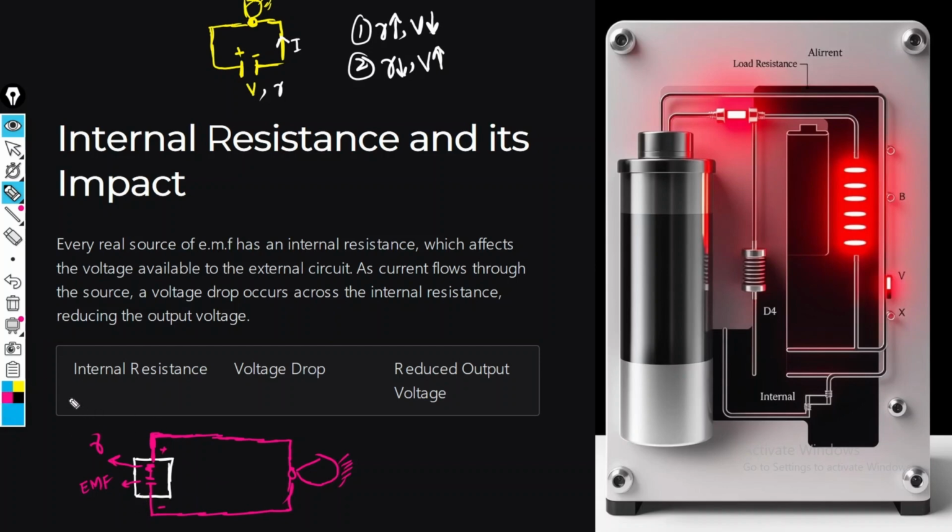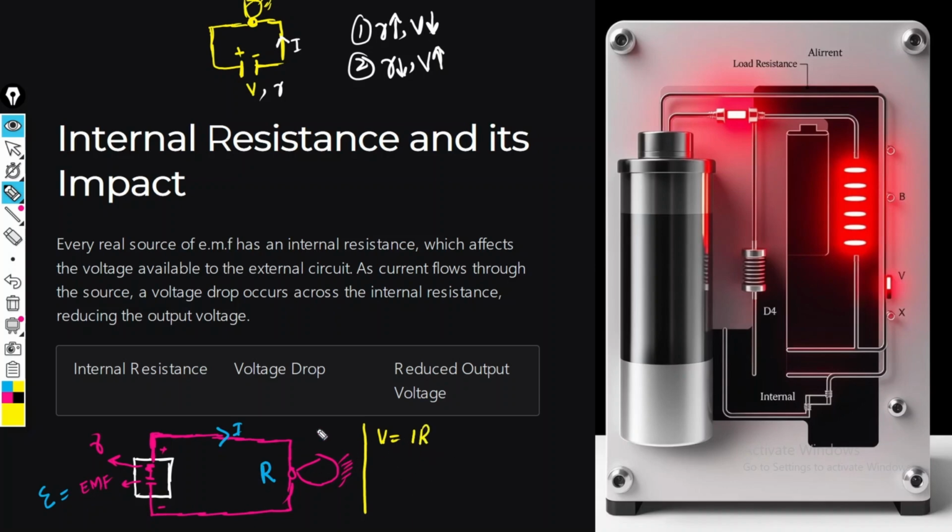This is the circuit diagram, and inside it we have the electromotive force as represented by this, and we have the internal resistance. The current I will flow in this circuit, and this resistor has some resistance R. So from here we can apply Ohm's law, V is equal to IR.